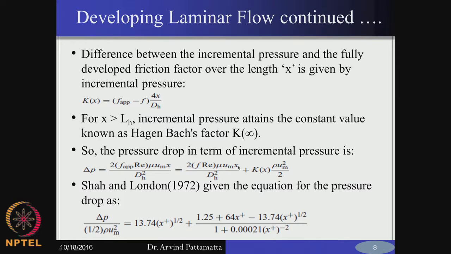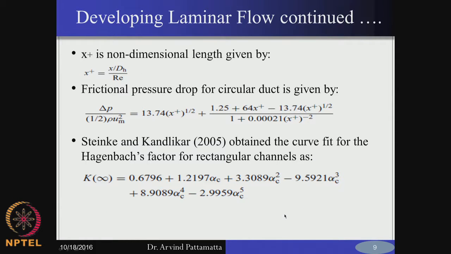And having said that, how do we estimate the Hagenbach factor? That again depends on different cross sections, different aspect ratios. So, depending on that, the Hagenbach factor will be different. I have given you a very commonly used correlation by Steinke and Kandlikar to estimate the Hagenbach factor.